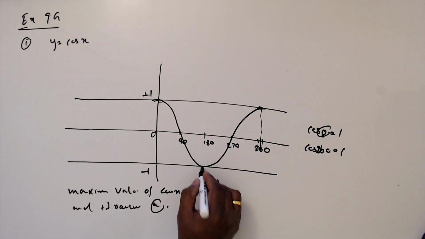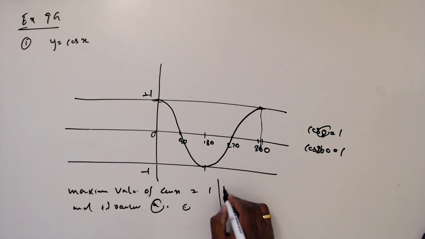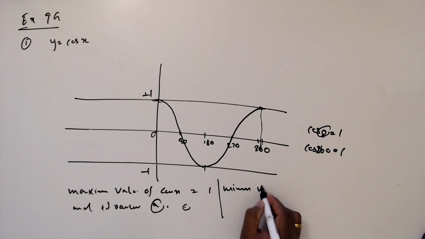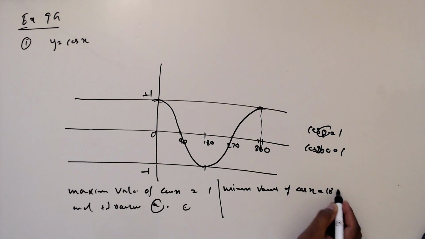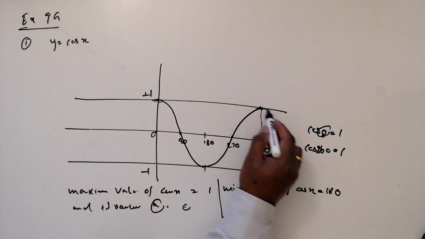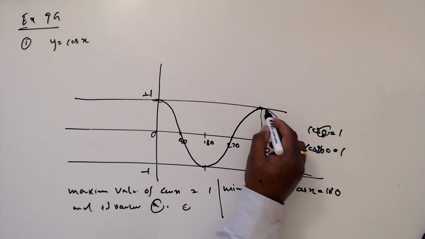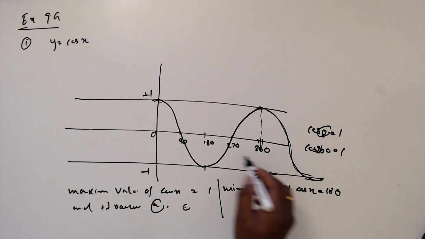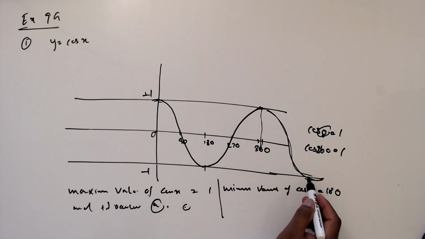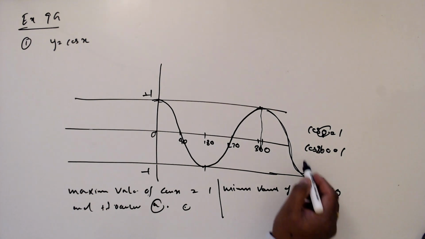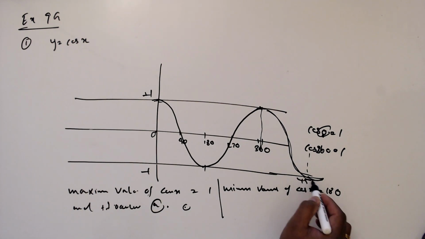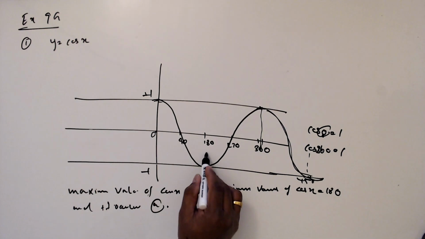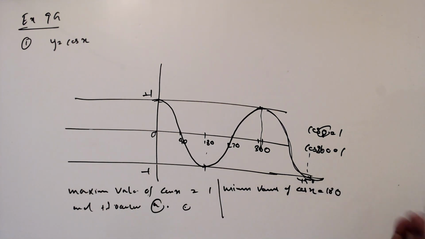The minimum is minus 1. The minimum value of cos x is minus 1, and it occurs at 180, or then this is going to be 360 plus 90, 450. 180 or 450 or other numbers.